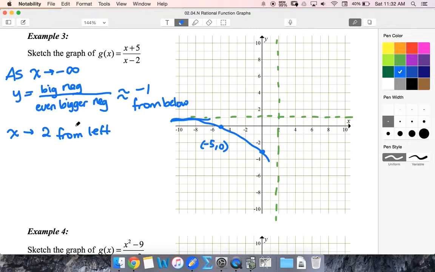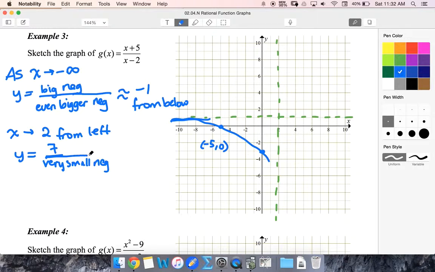If I think about what's happening there, as I go towards +2, the top is getting closer and closer to 7. So it's about 7. And then I'm dividing by a number that's just smaller than 2. So that's going to be a very small negative number.